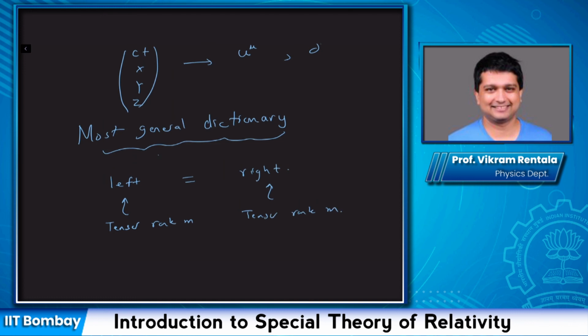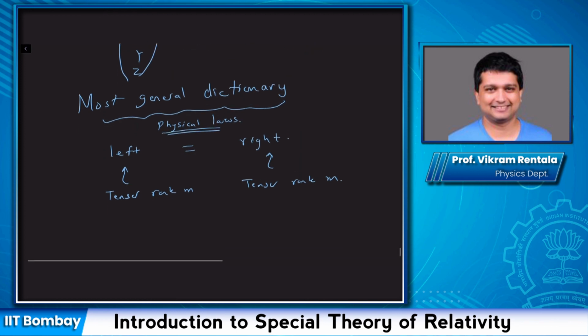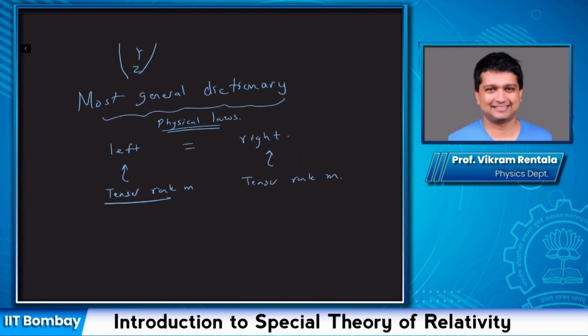Okay, so this will be the condition on physical laws to obey the principle of special relativity, because only when they transform in the same way, the left hand side and the right hand side of a physical equation, only in that case will the laws respect the transformations of special relativity. That is, they will look the same to an observer in one reference frame as they do to an observer in a different reference frame.